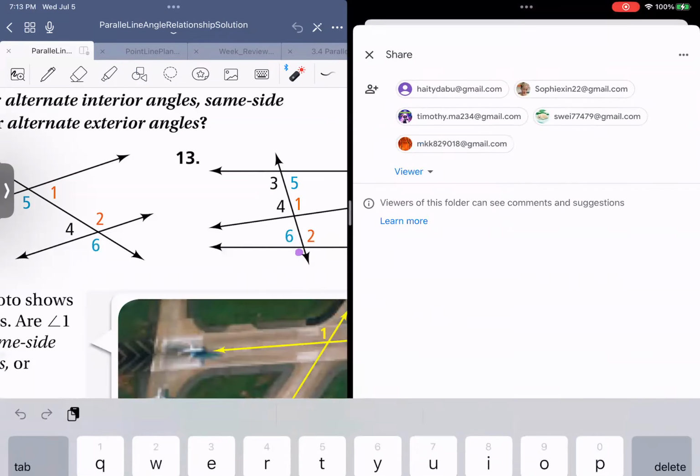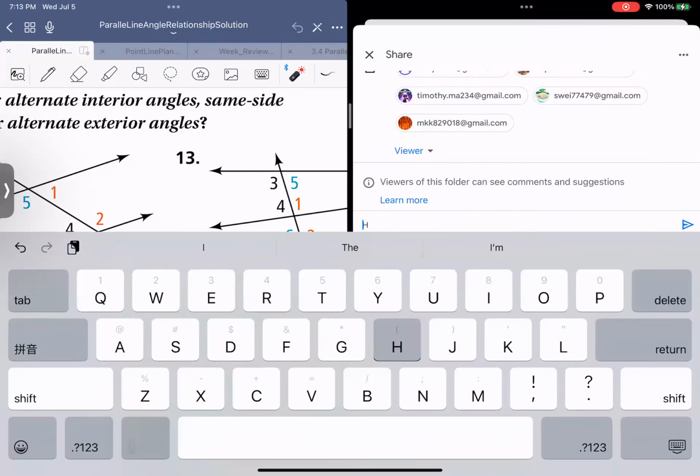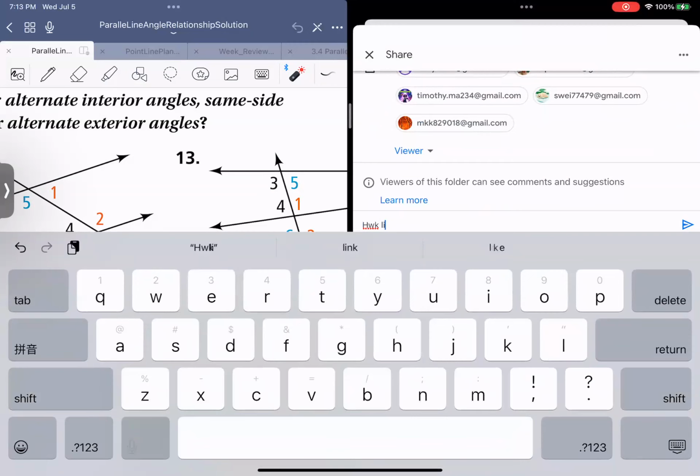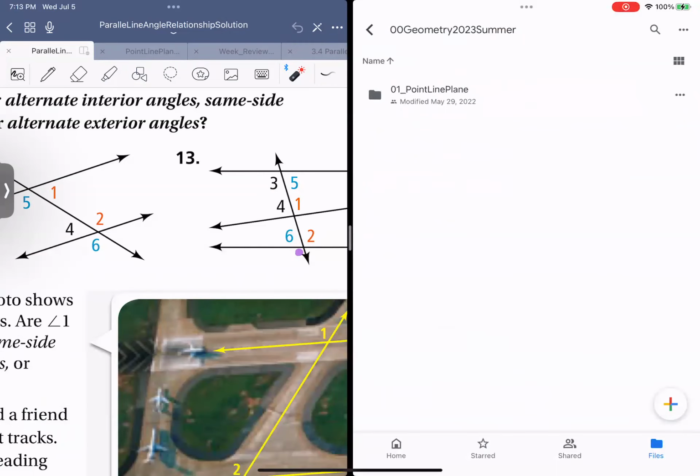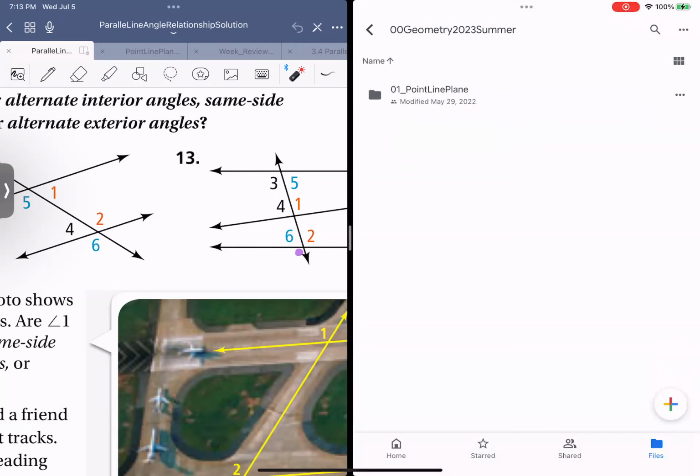So here, I send an email out. Please check your Gmail now to let me know if you receive the link to open the class homework and notes. I got it. Okay, great. Show me an emoji if you receive it.